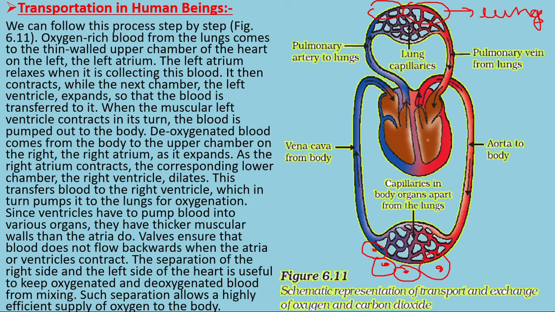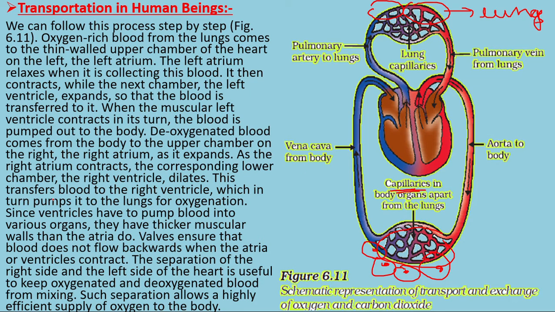But when the heart is pumped, it goes to the body by branching into small parts like capillaries. These are called capillaries, small blood vessels, and the oxygen is transported to all parts of the body. And when the blood is deoxygenated again, it goes to the heart, and again when the heart is pumped, it goes to the lungs. So this cycle is continued again and again.